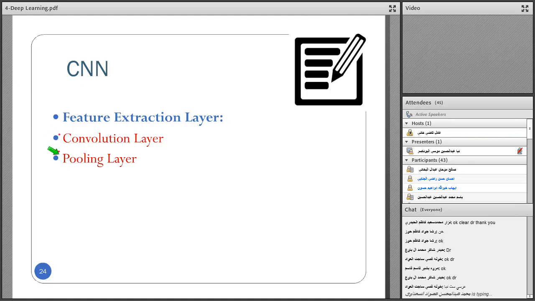Then after the convolution we have another layer which is important in the CNN: the pooling layer. The second layer which is important in the convolutional neural network is the pooling layer.